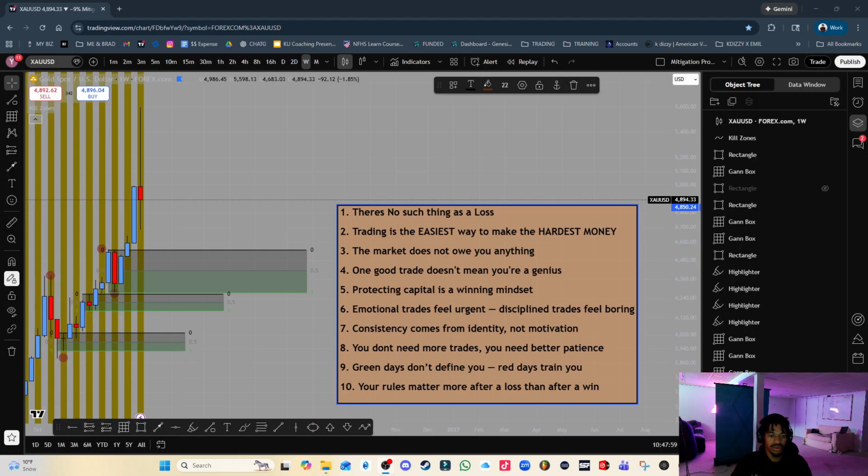But a lot of people just disregard their rules when they lose, because they want to get that money back, they don't like how it feels, etc. They risk way more than they wanted. So maybe their rule is 2%, right? And they lost 37% of their account. Oh, that's going to sting, and they're going to want to get that back. So it definitely matters more to keep your rules in place when you're losing versus when you're winning.